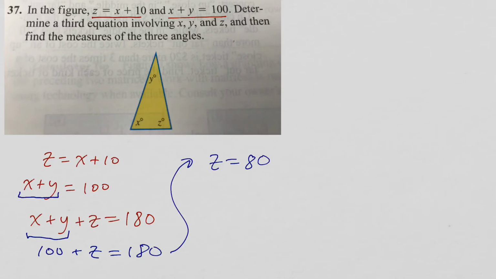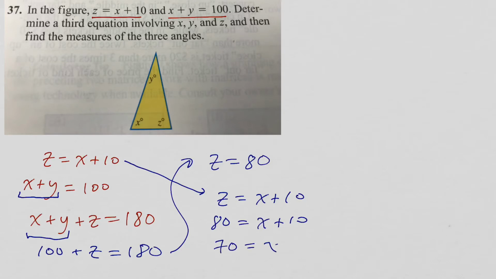And this tells me that z is equal to x plus 10. So 80 equals x plus 10. So 70 must be equal to x. So we've got that.